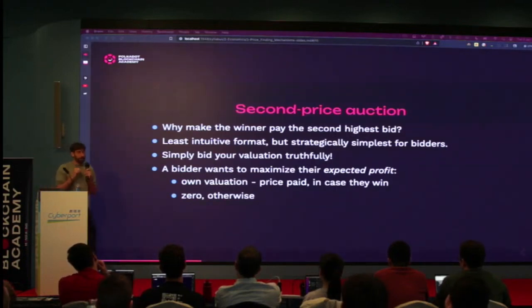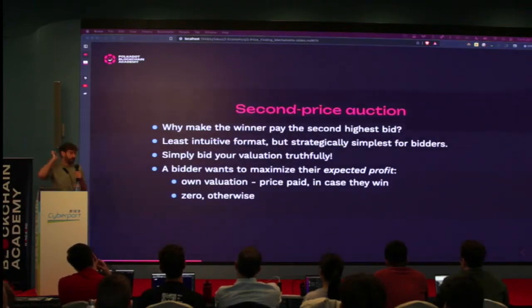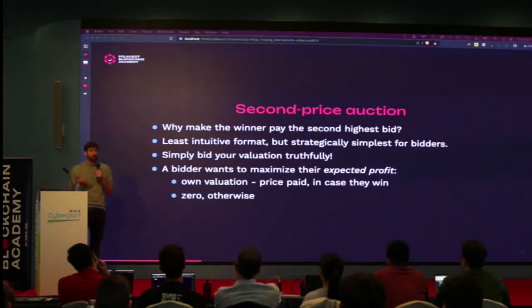And as you saw yesterday, people have a little bit of trouble computing the optimal choice and making the best decision. So the second price auction actually offers a nice and very intuitive strategy for bidders. And the strategy is very easy: just bid your valuation truthfully. We will see why that actually works.